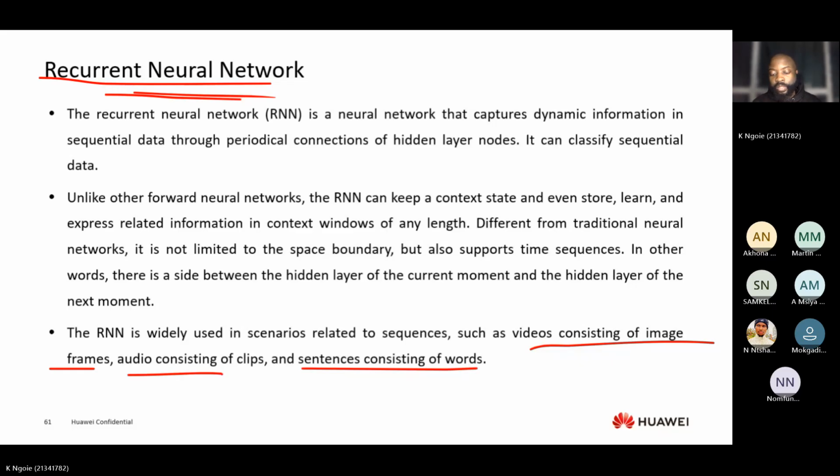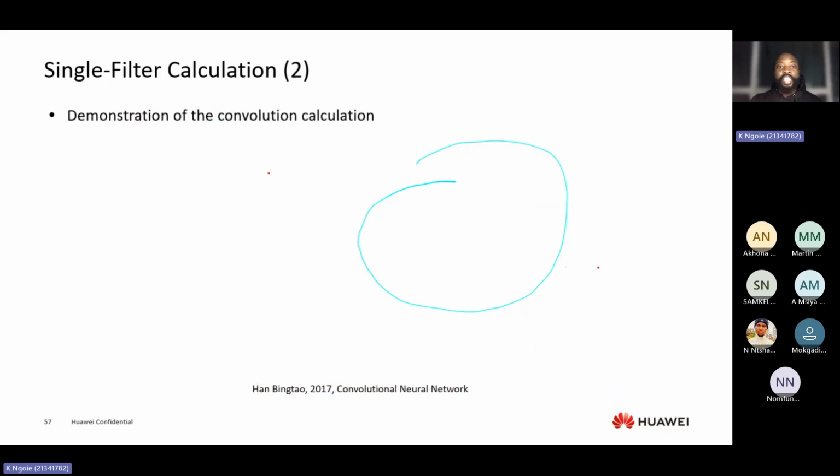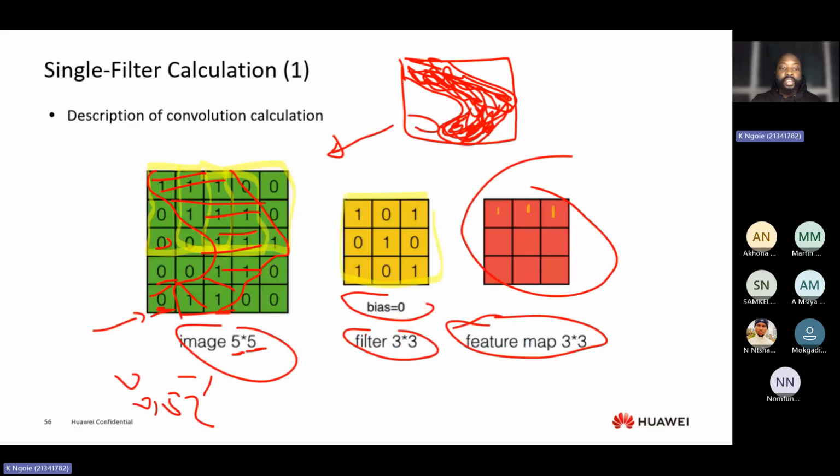Now, there's a lot of things that will really determine the size of the feature map. Because remember, you also need to know what was the size of the input layer, right?